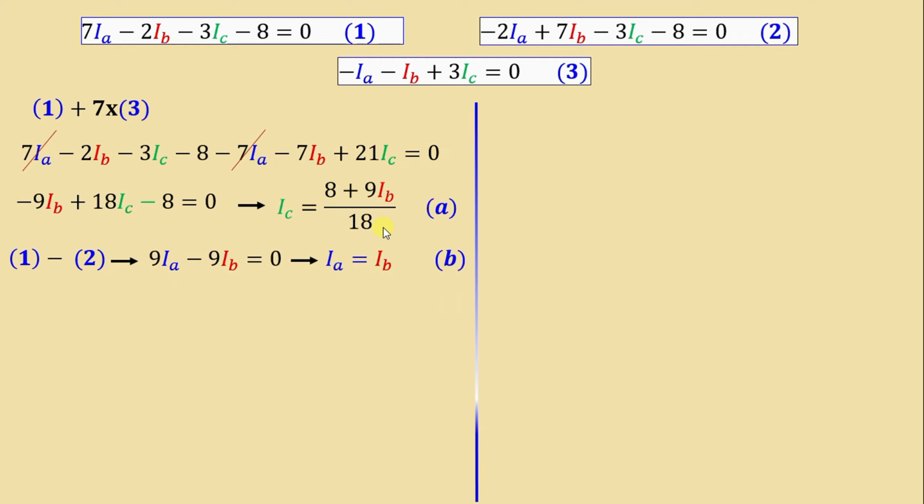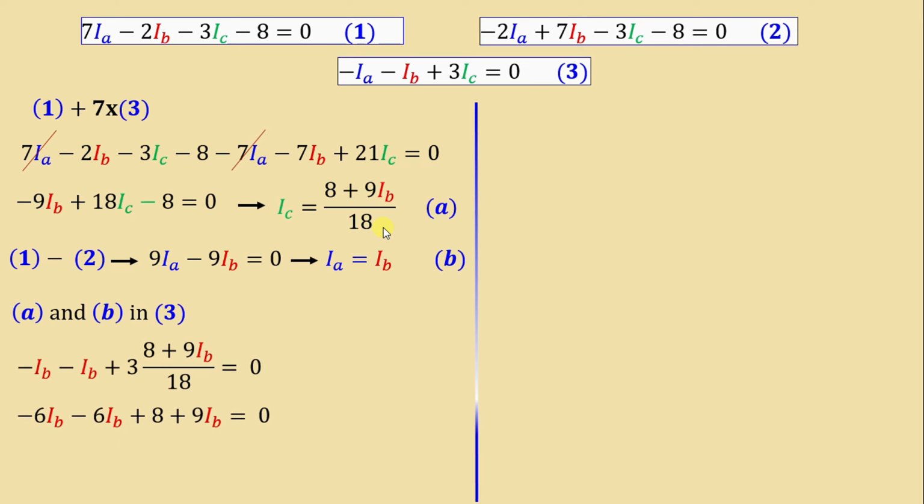And I will call this equation B. By substituting A and B in 3, we derive an equation that exclusively relates to IB. If we continue simplifying this equation, we have negative 6IB minus 6IB plus 8 plus 9IB is equal to 0.